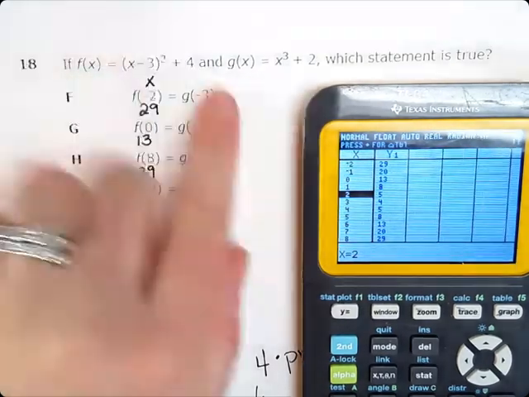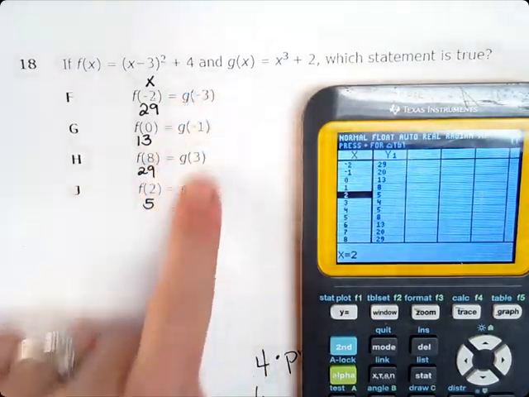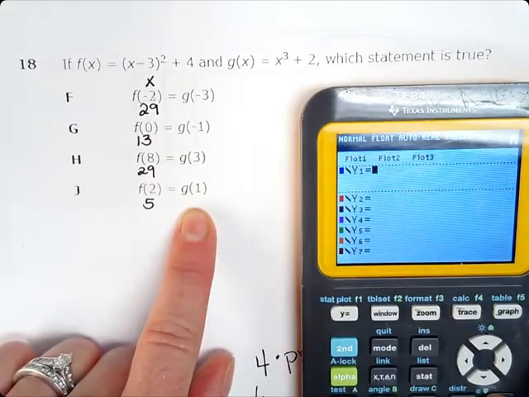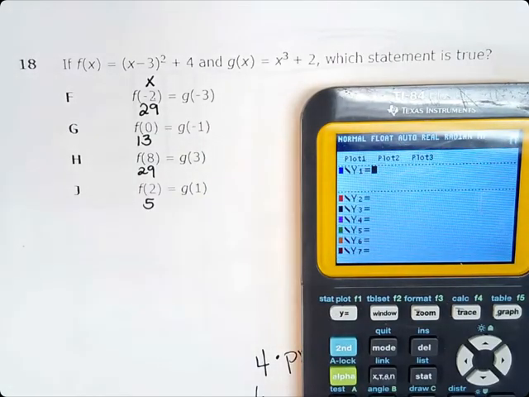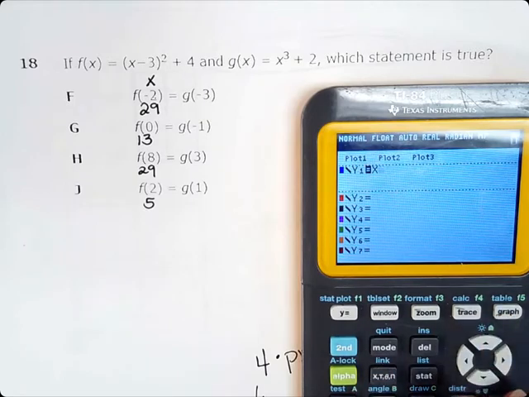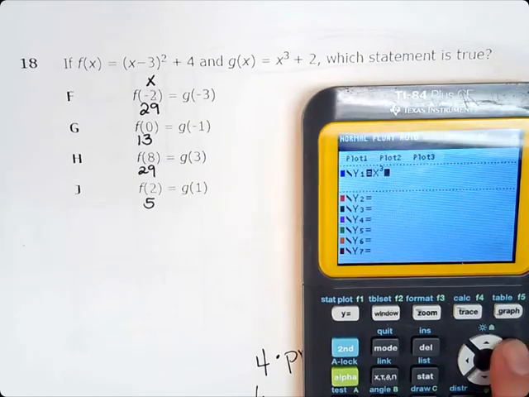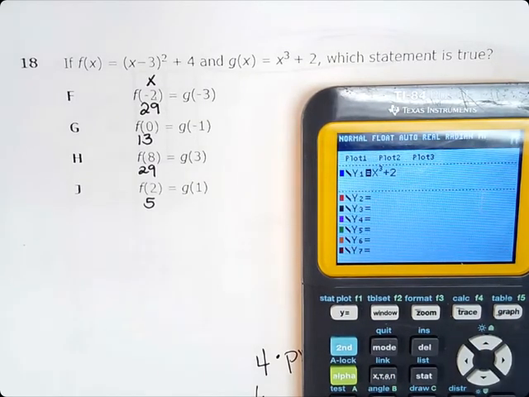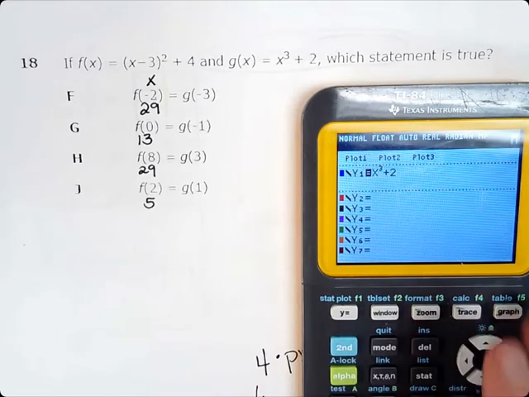Now we need to do the g of x and find out all the g's. So let's clear out what we have in y1. Let's put in x to the third power plus 2. Now go to your table.